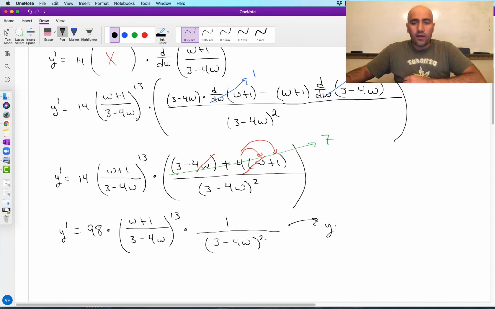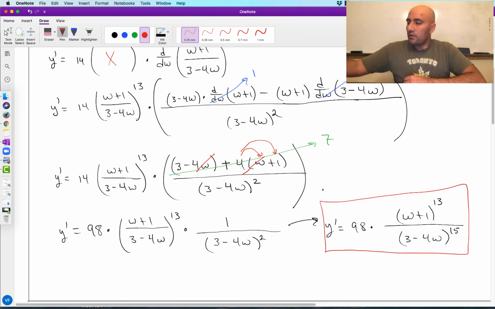I'll say that y prime is equal to 98 times this fraction, where the numerator is going to have (w plus 1) to the power of 13, and the denominator is going to have (3 minus 4w) to the power of 15. 13 from there, and then when I multiply these two, they have the same base, exponents with the same base, so I add the 13 plus the 2 to get me to this 15. I think that's about as good as it gets, and that'll be our final answer. So let me box that up and zoom out.